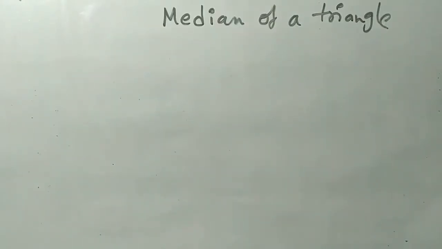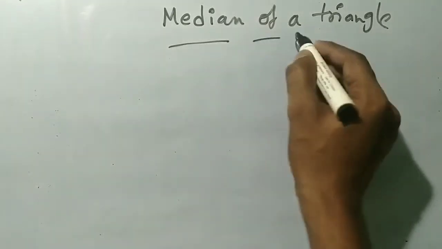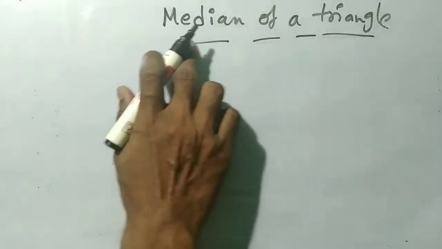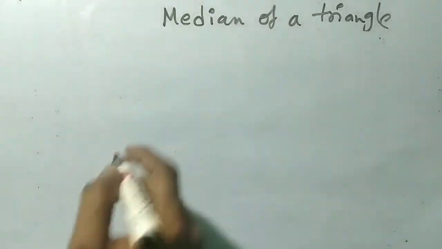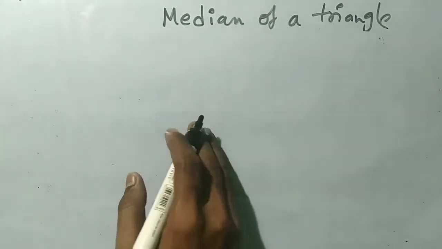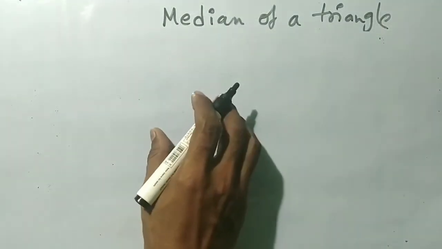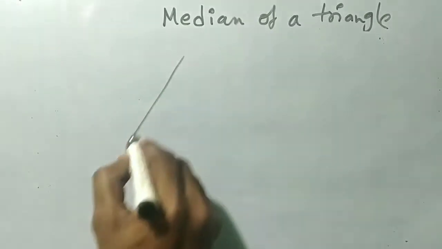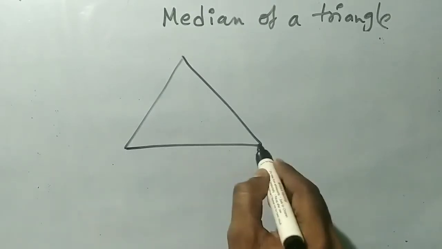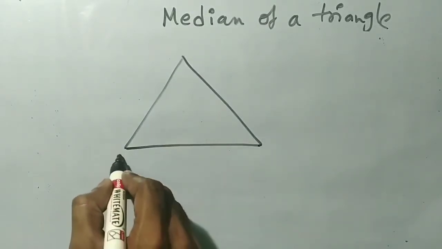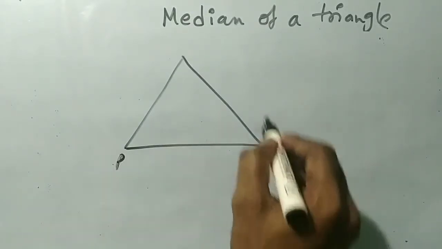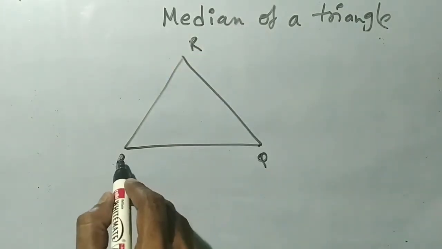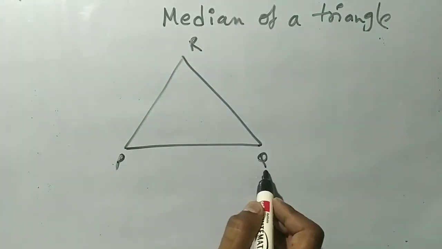Now, the median of a triangle. What is the median of a triangle? A median is nothing but the midpoint of a side. Let us take this triangle, with vertices P, Q and R. For side PQ, we don't know the exact midpoint.